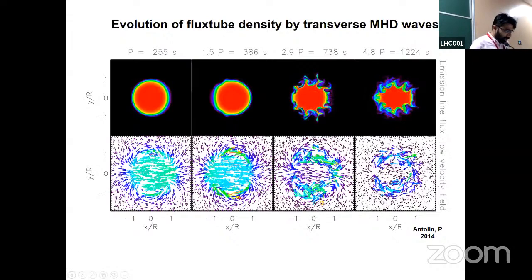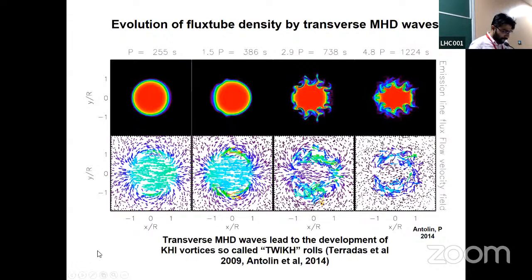No one has done this analysis. These authors have not done the analysis for filling factor, but this is my understanding. And these are known as KHI vortex rows, so-called quick roll. These are new names given by these authors.